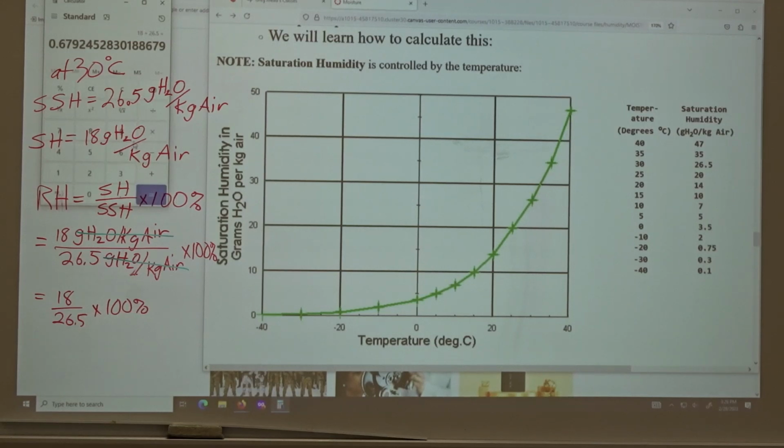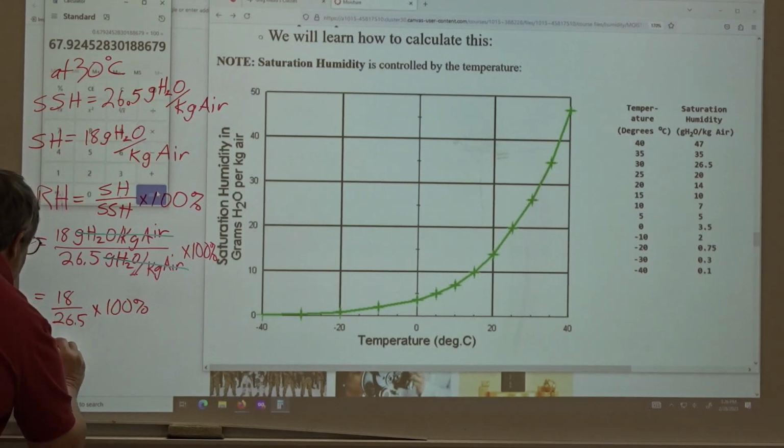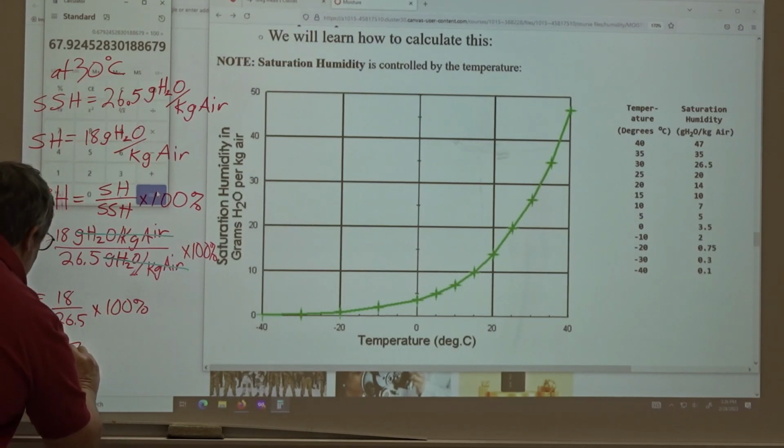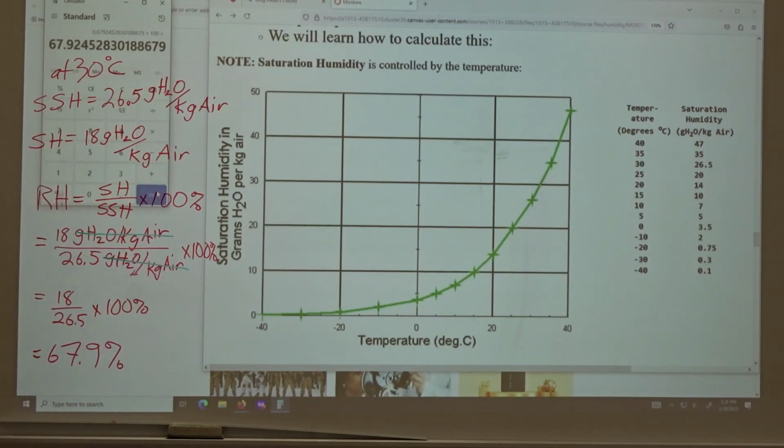And then if we multiply that by 100, we get a relative humidity of 67.9%. And so our relative humidity under those conditions is 67.9%.